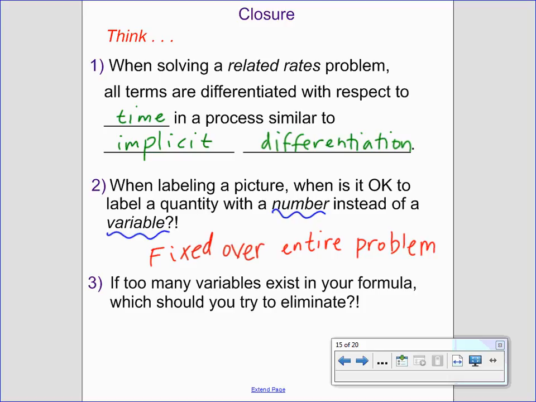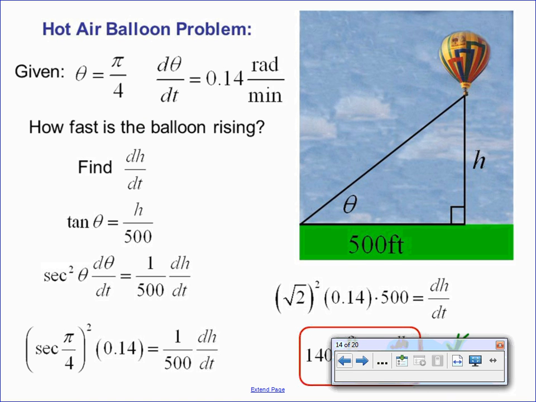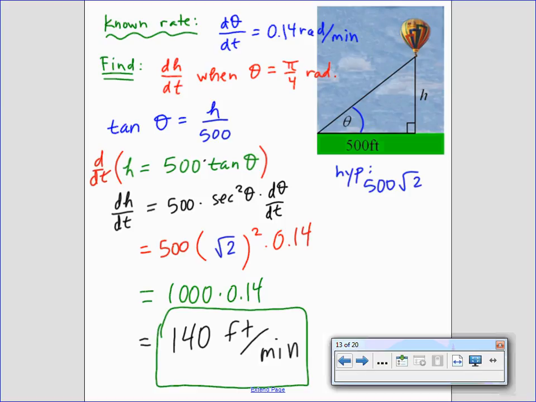If too many variables exist in your formula, which should you try to eliminate? We didn't really do this today, but our focus for the problem includes the variables that are in my rates. So if I have h's and thetas, but my equation includes r's, I would try to get rid of r's. We want to keep the variables in my formula that are present in my known and unknown rates.